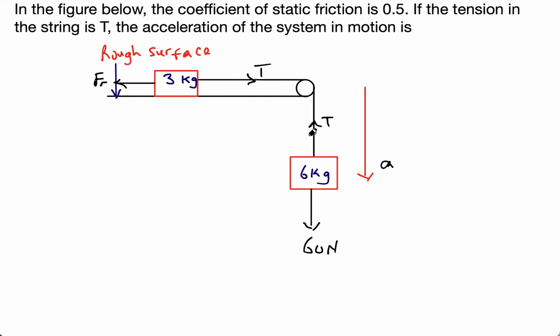Now that we have been able to get these forces involved, for the horizontal surface, let me call that the horizontal. What we have there is that tension, which is causing the acceleration, minus frictional force will be equal to ma.